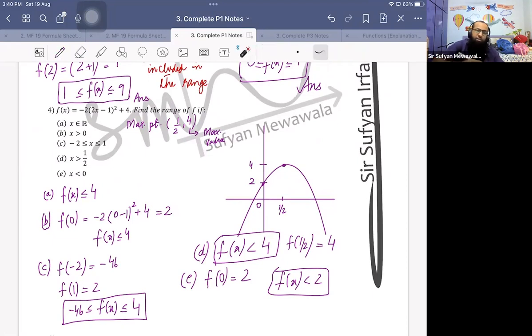In part D, why have we not written less than or equal to 4? Because over here x is greater than half. If x is greater than half, y is less than 4.